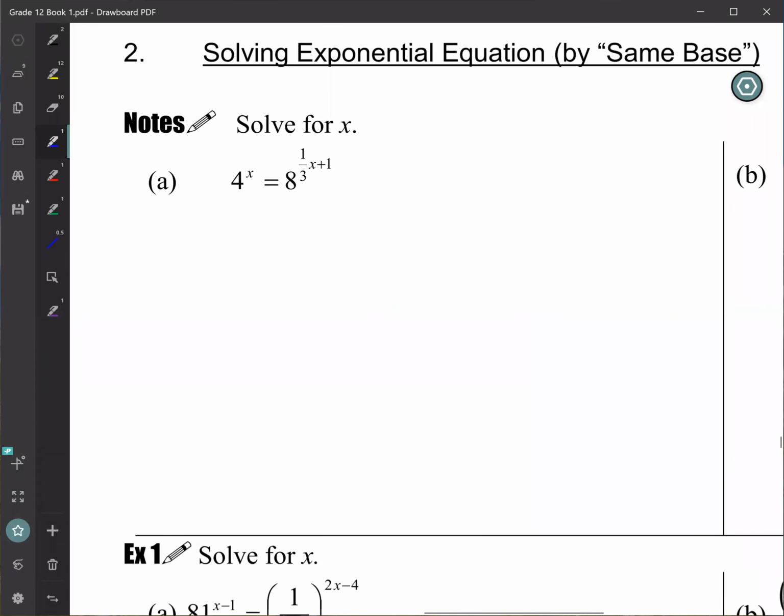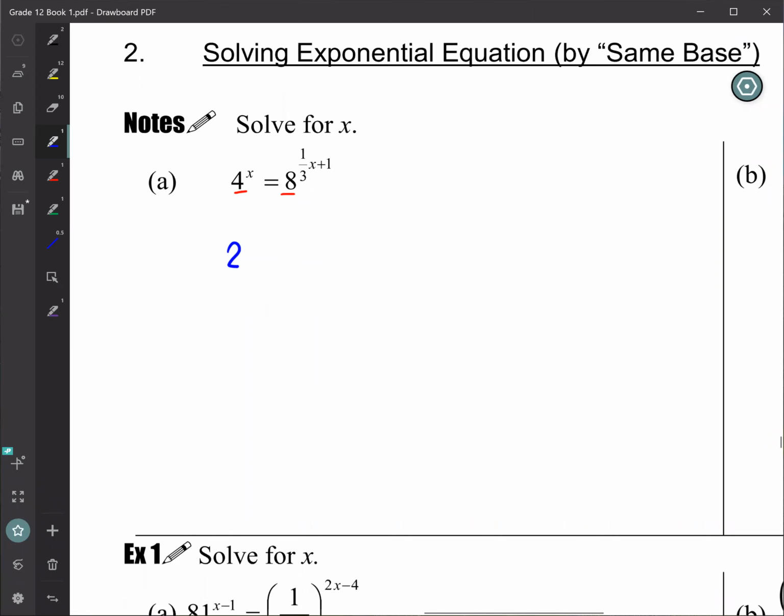Okay, so we have a base of 4 and 8. What's the base connecting to both of them? Eric? Is it 2? Okay, so let's try that. 4, I can write it as 2 to the what, Eric?